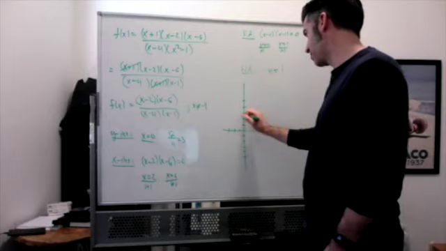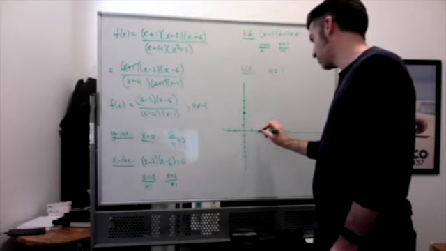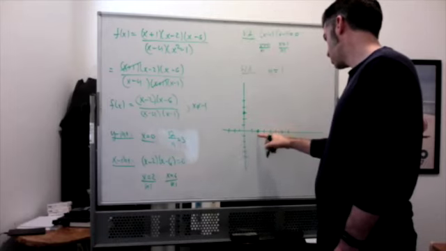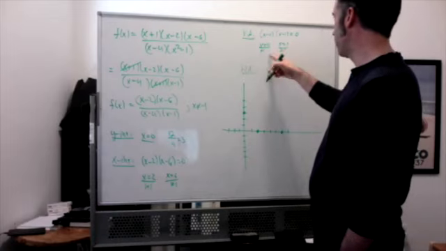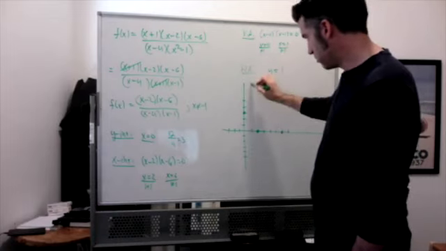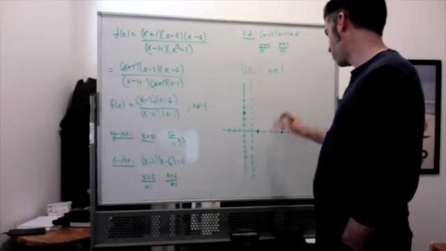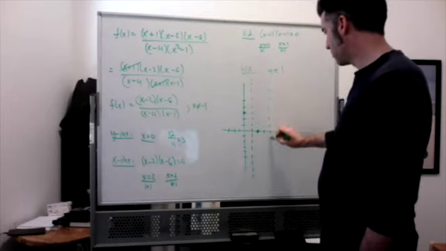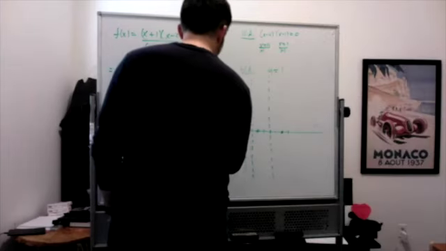Okay, y-intercept 3, x-intercepts 2 and 6. 2, 4, 6. Vertical asymptotes 4 and 1. Horizontal asymptote, y equal to 1.